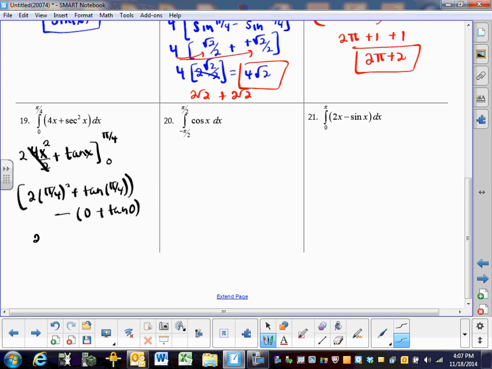So I have 2 pi squared over 16 plus the tangent of pi over 4, which is 1, minus, it just so happens that the tangent of 0 is 0. So I would have pi squared over 8 plus 1.